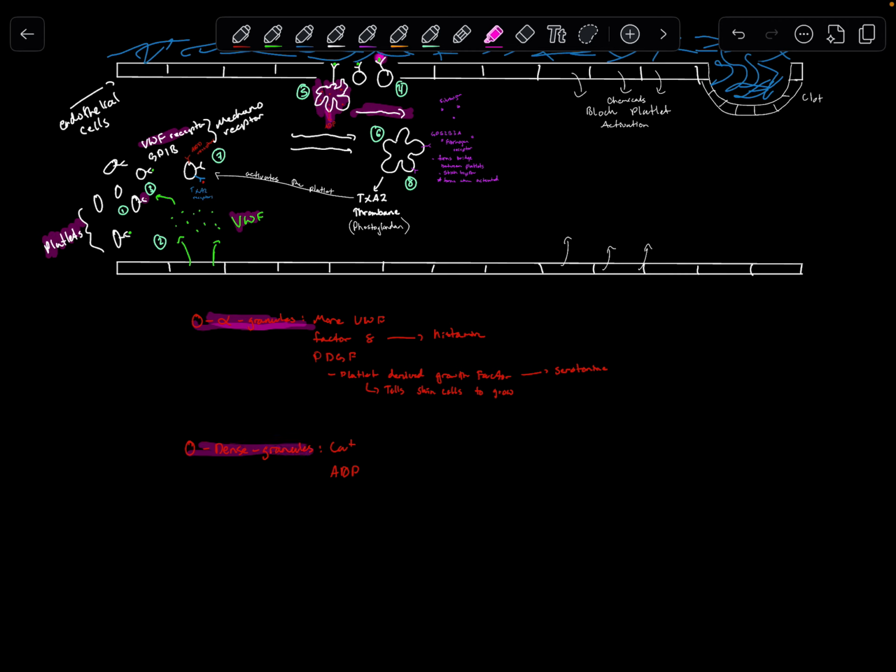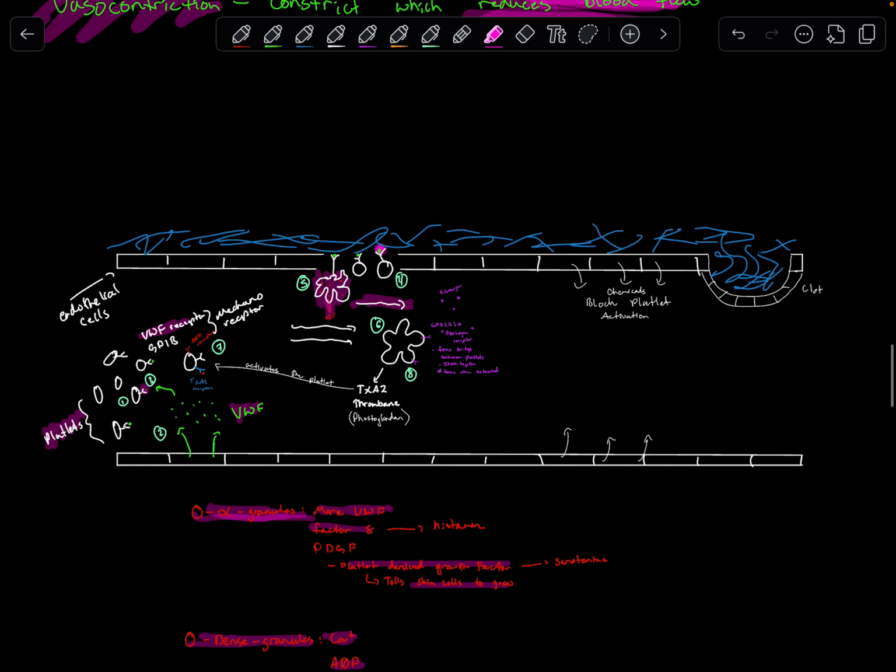Alpha granules will release more vWF, which again activates them, factor VIII, which we'll talk about later, and platelet-derived growth factor, which tells skin cells to grow. Dense granules will release calcium, which allows for further activation, and ADP as well.